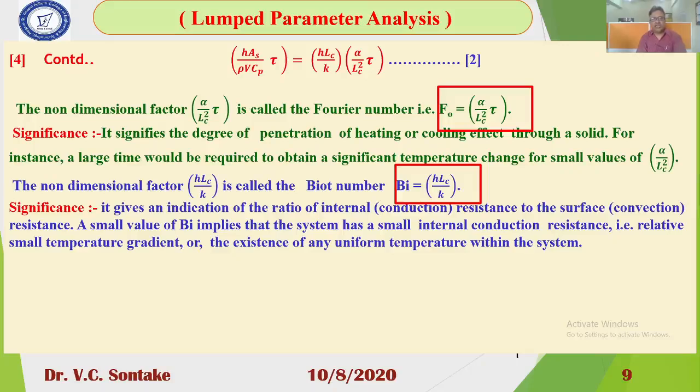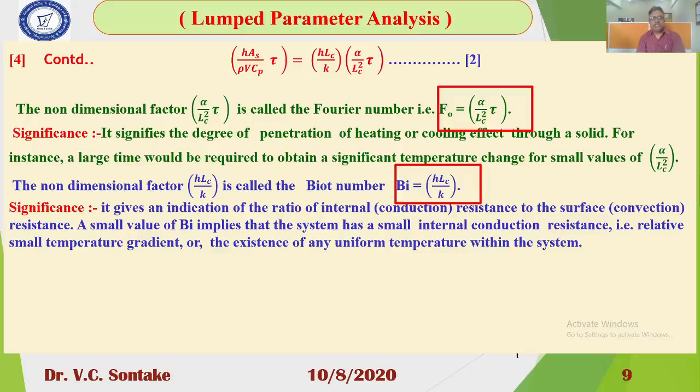And under such condition, there will be no temperature gradient existing within the body itself, or under some practical limit, the body's temperature can be assumed uniform and constant over a particular interval of time.